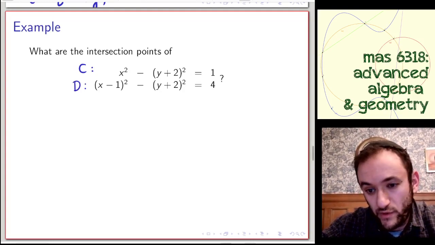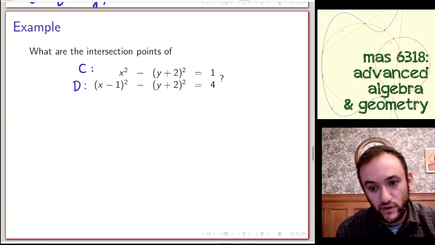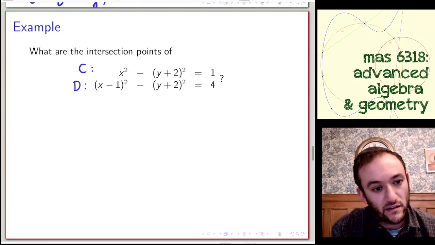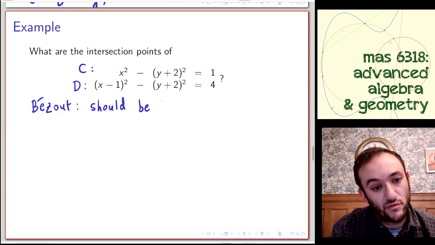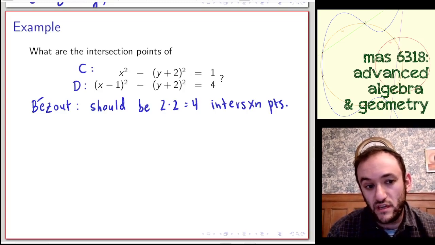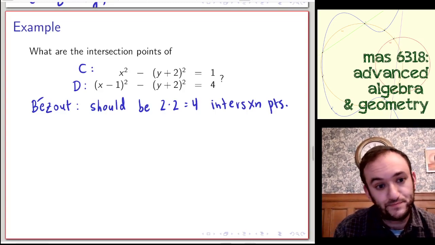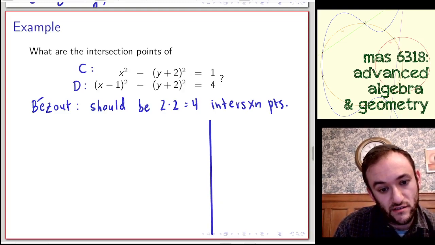So we can see that these are two hyperbolas, and just based on degree alone, we can determine from Bézout that there should be 2 times 2, or 4, intersection points, because each of the curves has degree 2. So now let's see a graph of these curves to know what we're dealing with.